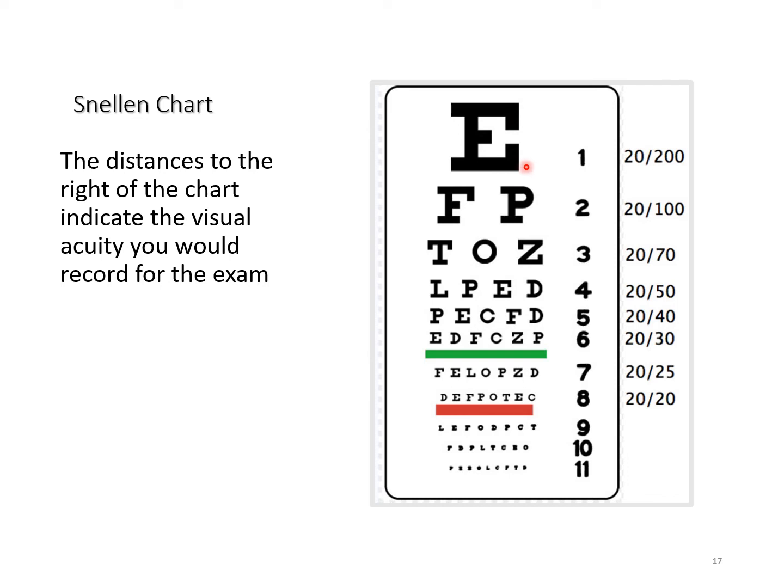But a normal person would be 200 feet away. Like, 20 feet is very close, right? But a regular normal person would be 200 feet away, and they would be able to see the letter E. So that means the patient that walked in has very bad eyesight, because at 20 feet, all they can see is an E, right?